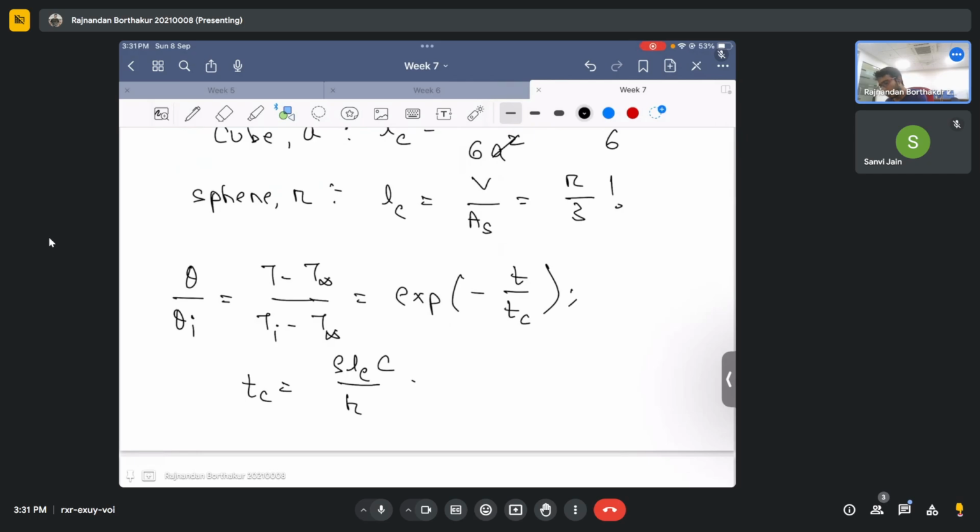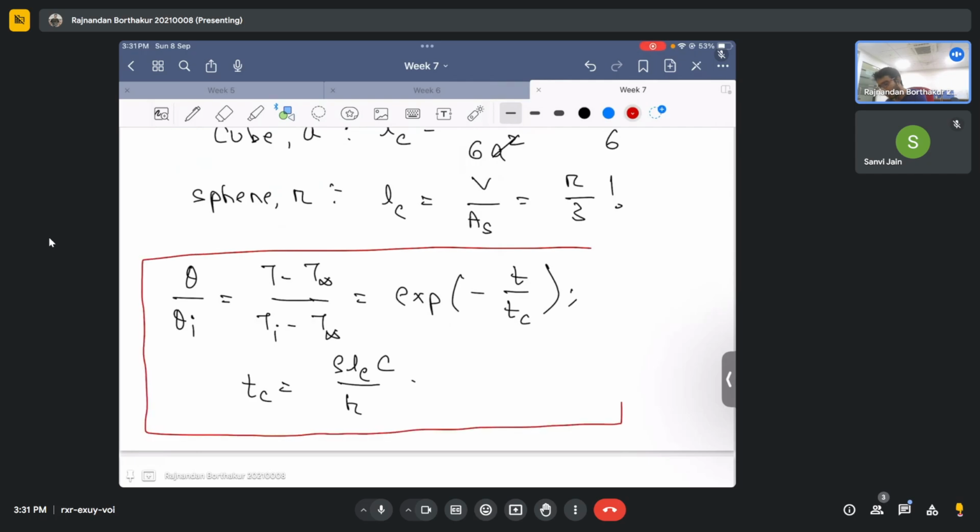This is all that you need to know while solving problems related to the lump capacitance model.